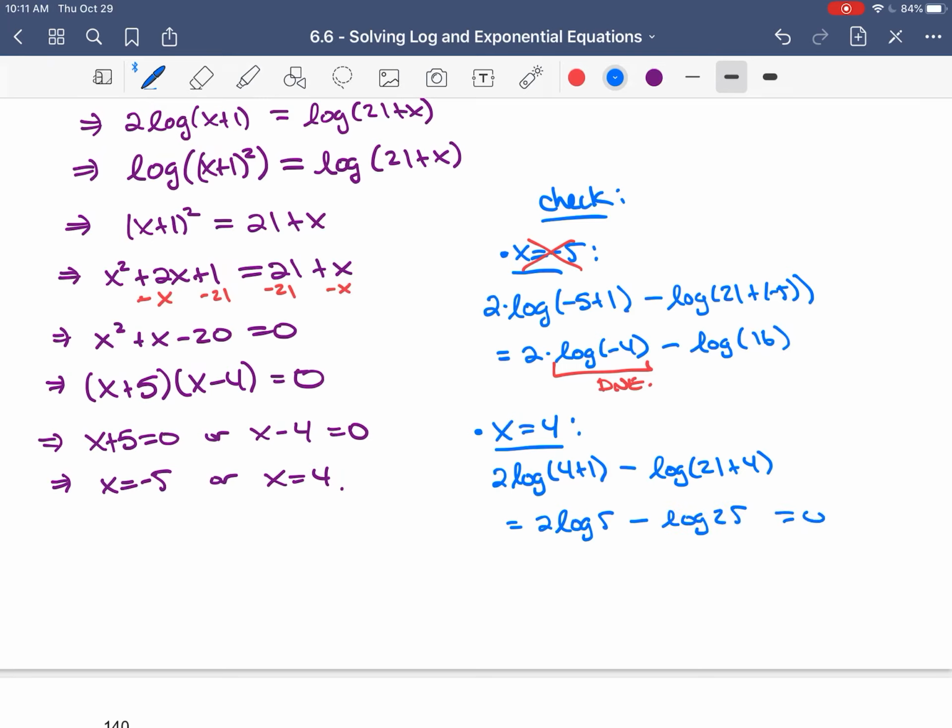And that actually is going to be 0 because the 2 can come up. So this one is actually log of 25, so 5 squared, minus log of 25. So I do get 0, so 4 is a solution. So x equals negative 5 is extraneous. So our only solution is x equals 4.